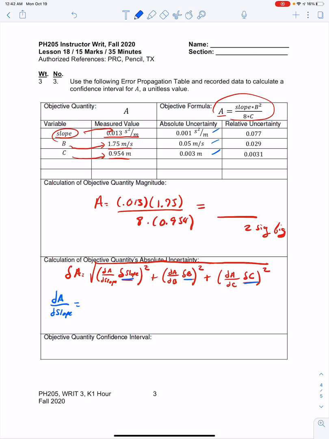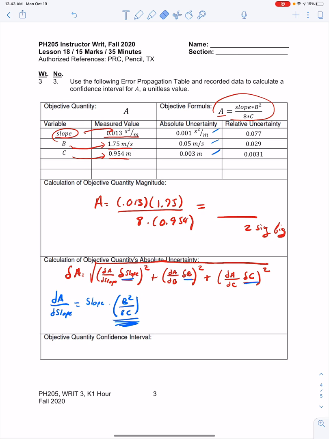So, in order not to get confused, go slope times b squared over 8 times c. All this is treated as a constant. The only thing that you're going to be focused on is the slope.